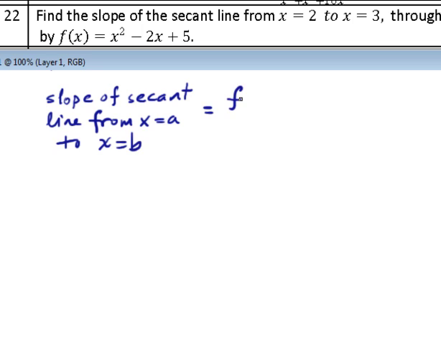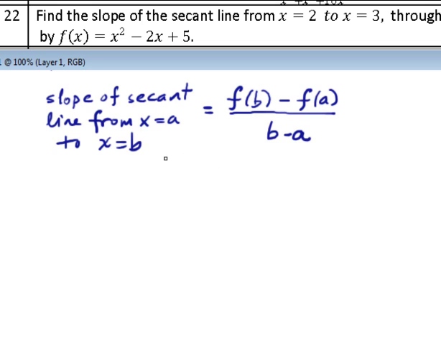So the slope would be f of b minus f of a over b minus a. And this is really the regular slope formula, y2 minus y1 over x2 minus x1.